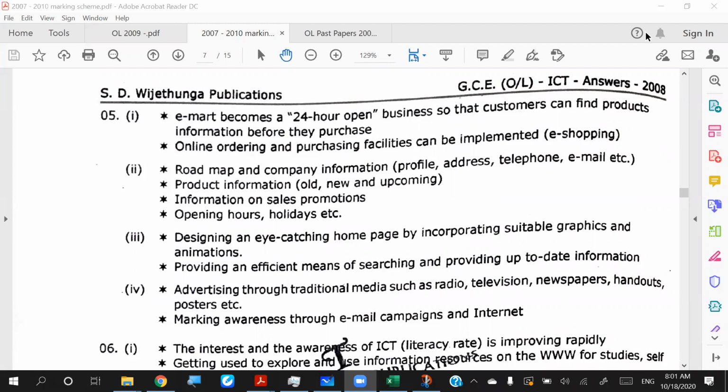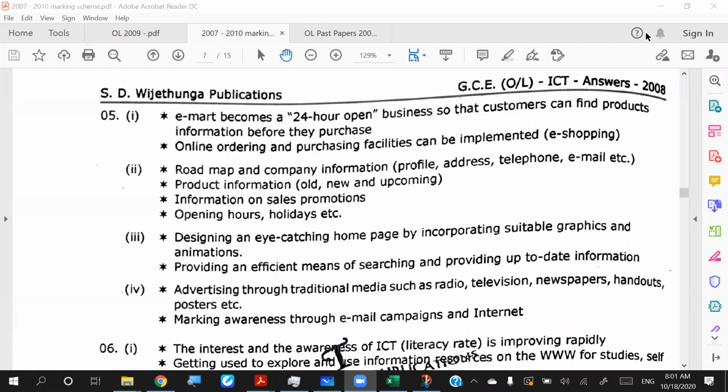Having a website means you are having a shop which is open 24 hours, 365 days without any barriers. Customers can find products from anywhere and at any time they want.